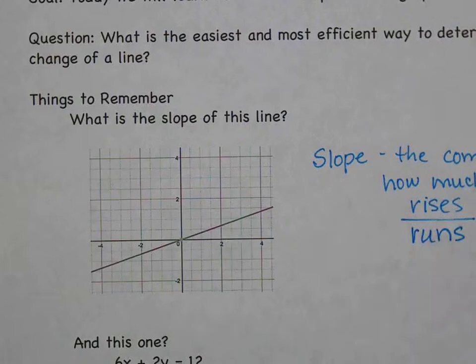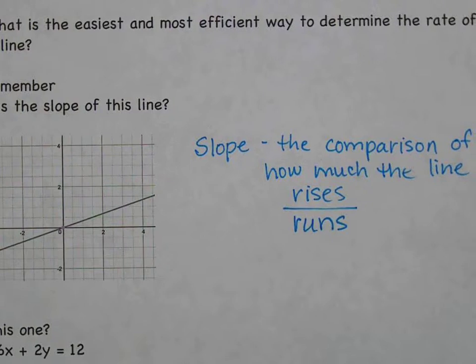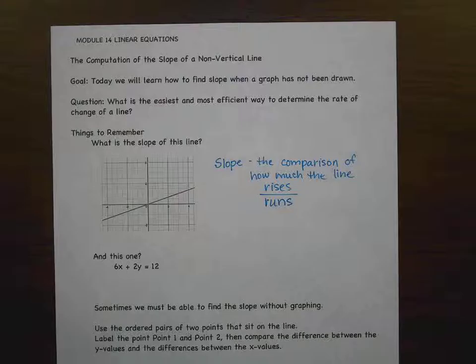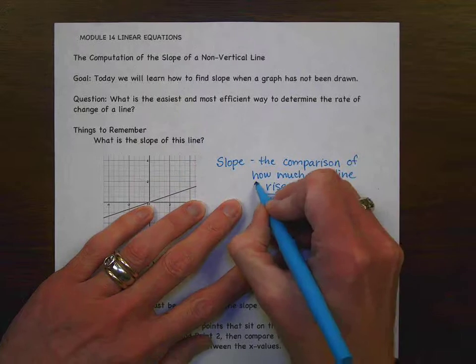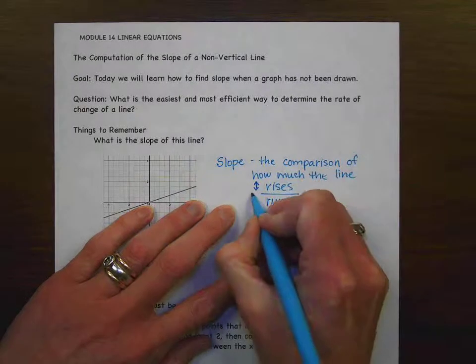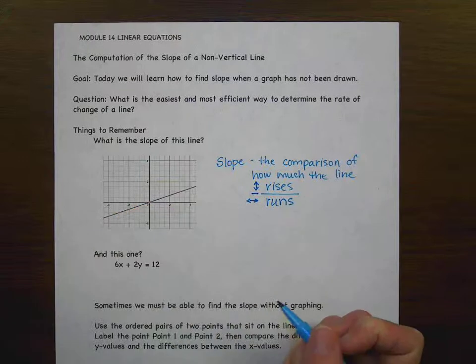Okay, so you're always comparing the number of ups to the number of overs, and so that's why we call it the comparison of how much the line rises compared to how much it runs. And so rises means that you're going up or down, remember, and runs means that you're going to the left or to the right. And so we're going to count those.